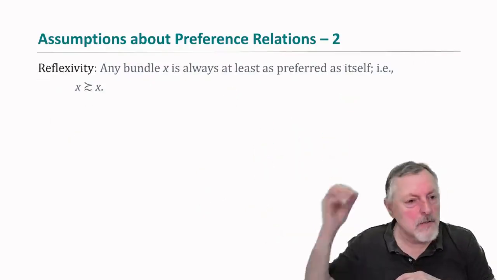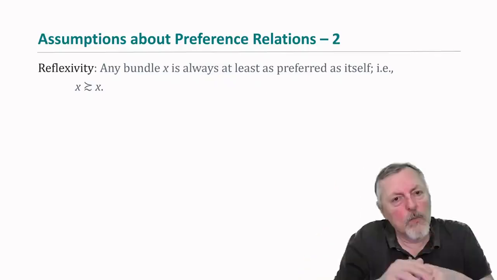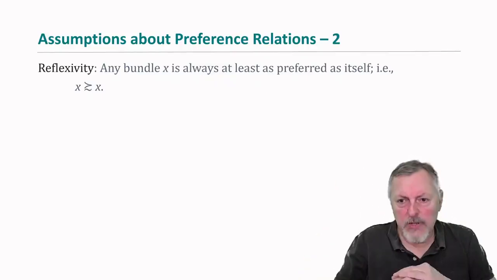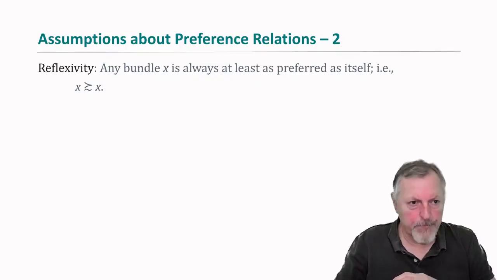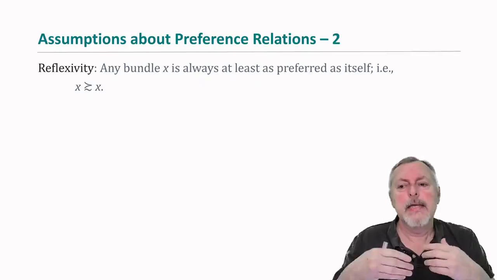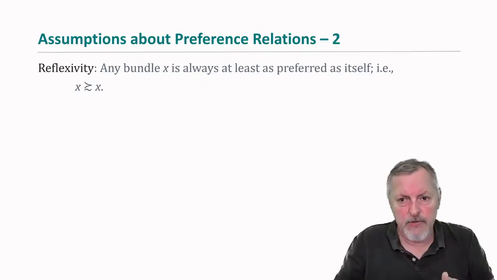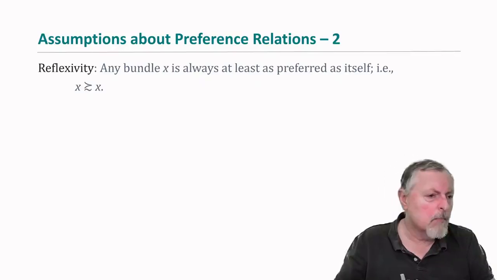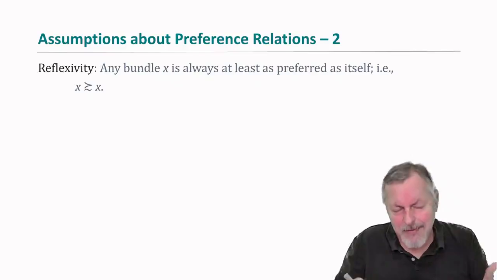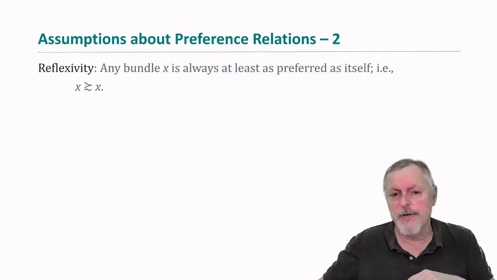Okay, the next quality of preference relations is that they are reflexive. What this means is that any bundle is at least as good as itself. That seems obvious. It seems silly to have to point out. But when you're doing proofs, it's necessary to know.